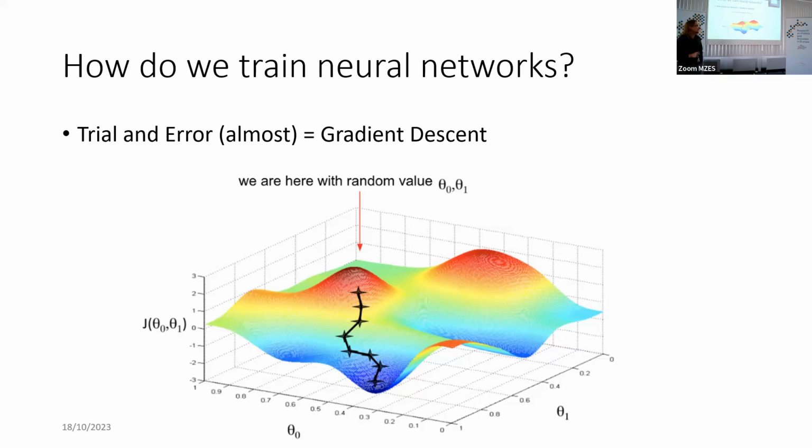But how do I find that by trial and error? At first, I just start with a random value and I get a certain loss. Then I could try every value for my two weights within a certain range in the immediate area around my starting values. Some of those are going to be better and some are going to be worse. I can move my weights in the direction that had lower loss.